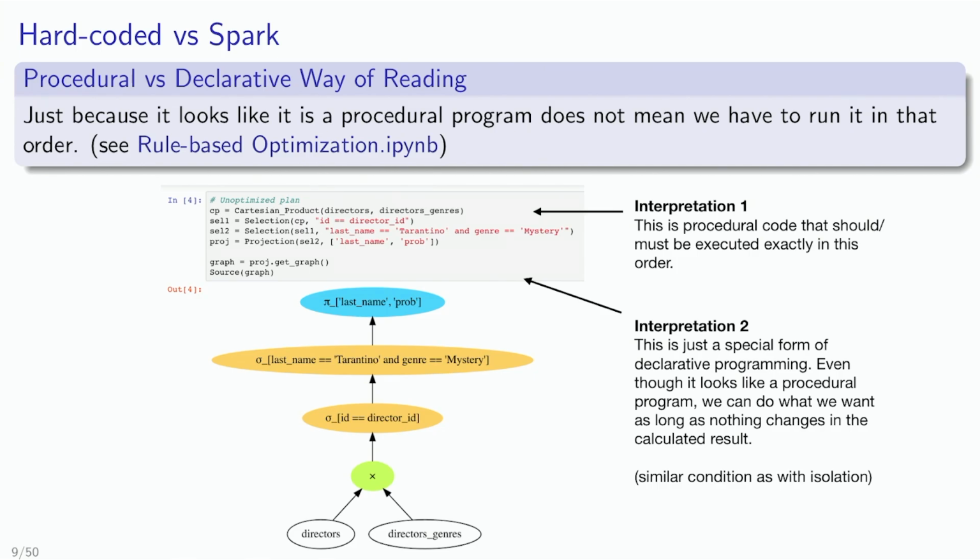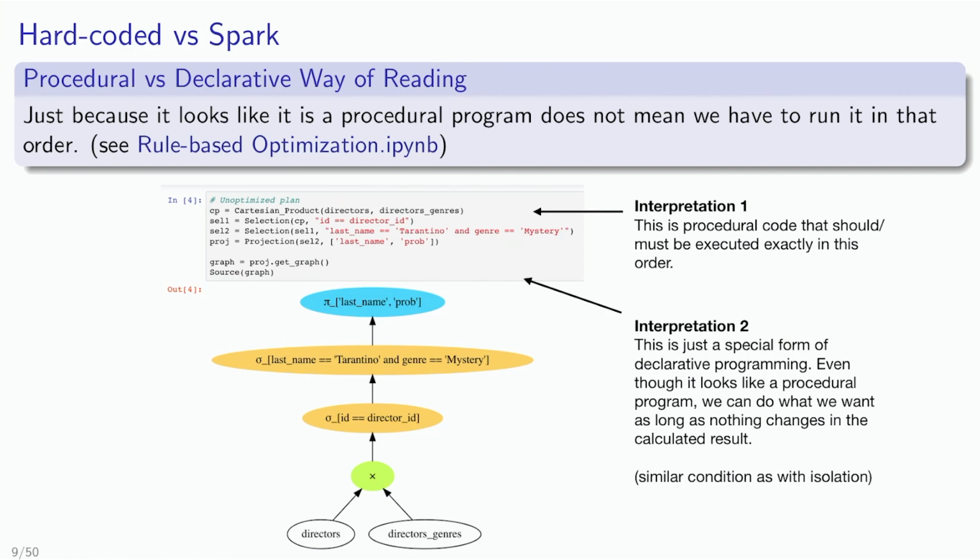This is relational algebra as we had it in one of our notebooks: directors, director genres, cross product, filter, another filter, some projection. It's always a question how you interpret something like that. No matter whether it's a visualization like here, or the Python equivalent, or the Greek textual equivalent on your mini tests, there are two interpretations.